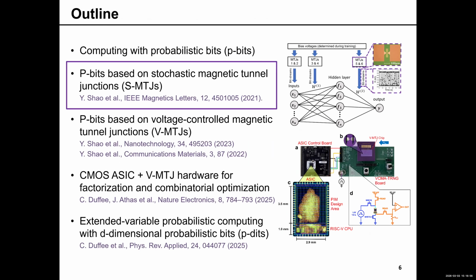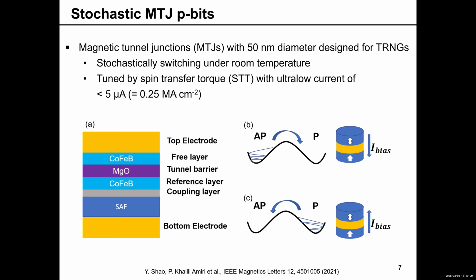So let me then, after that brief introduction, show you a very established way now of realizing probabilistic bits using magnetic tunnel junctions. This is essentially, as I alluded to in the previous slide, where we designed a device such that this energy barrier separating the anti-parallel and parallel states of the magnetic layers is small, on the order of, say, a few kT.